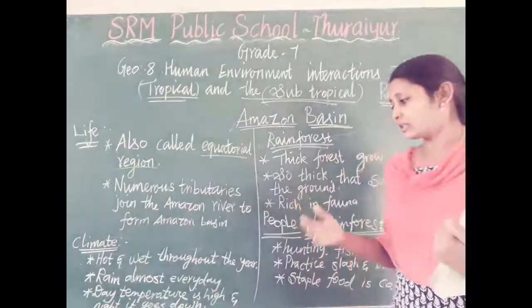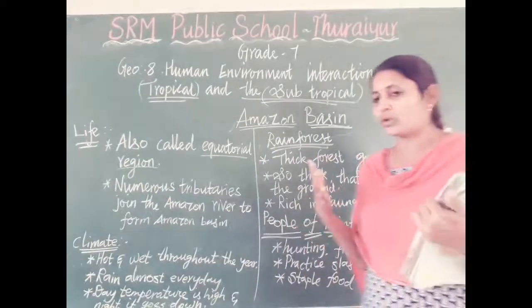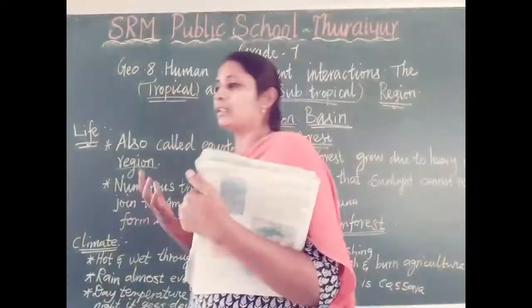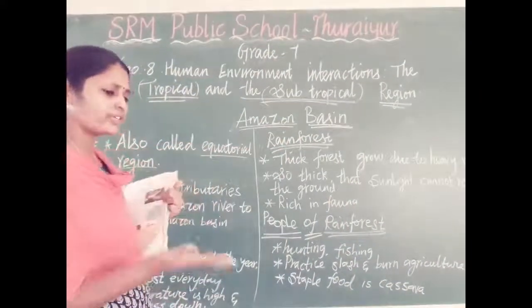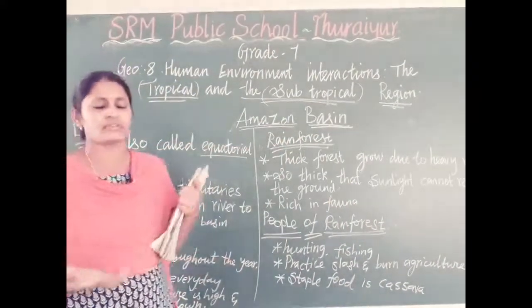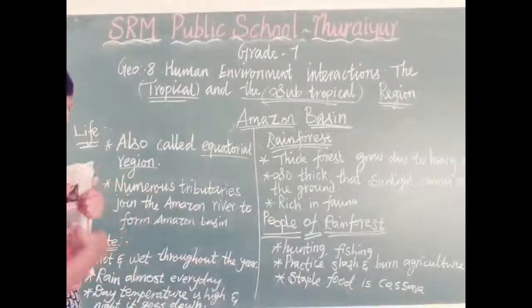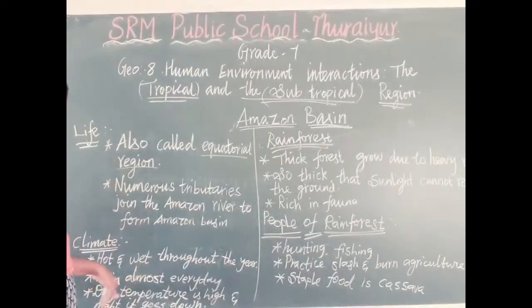Already I said the forest is so dense. Every day the region receives rain, so the floor is always wet. That's why they say hot and wet climate. As I said before, this region receives rain almost every day. The temperature in the daytime is high and at night it goes down.